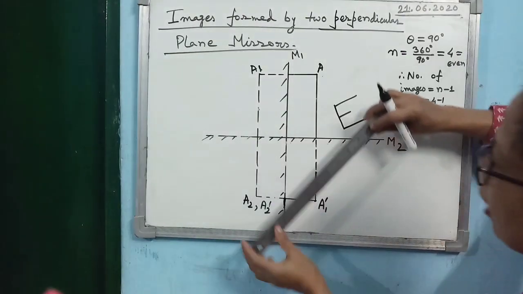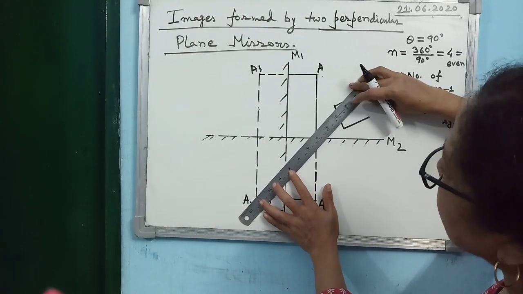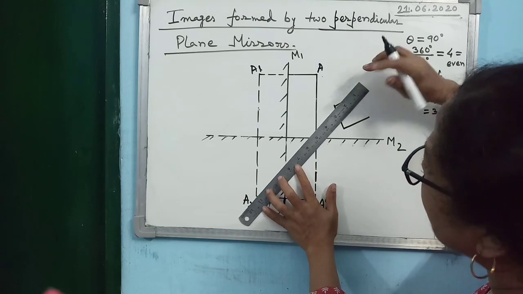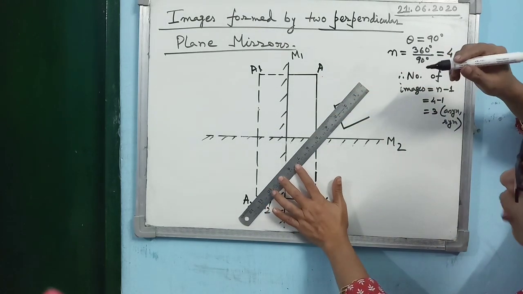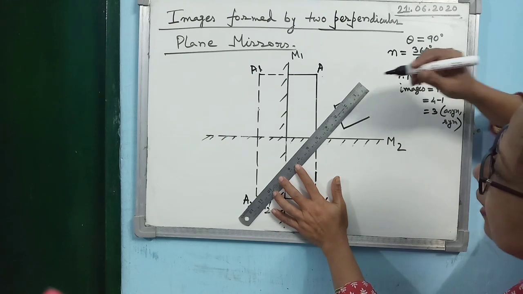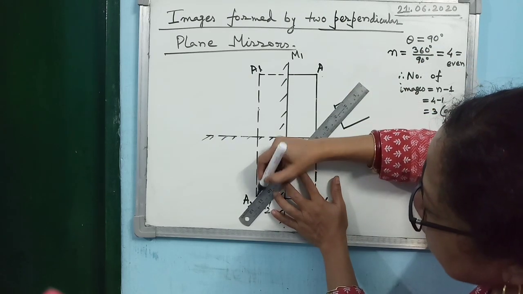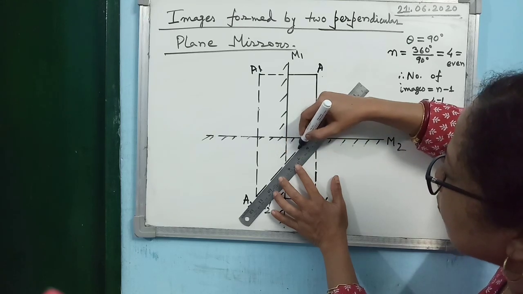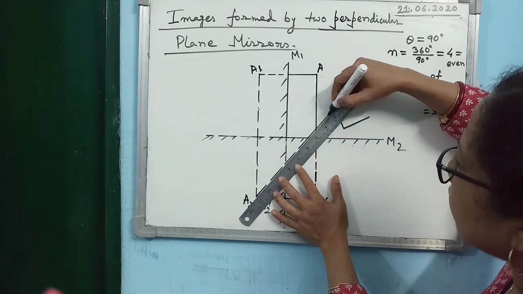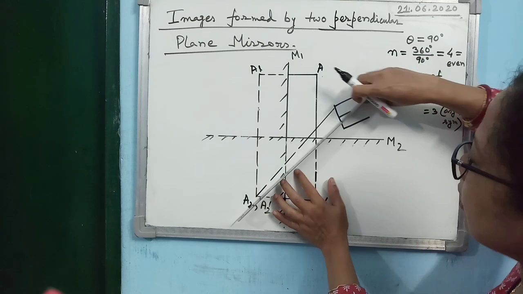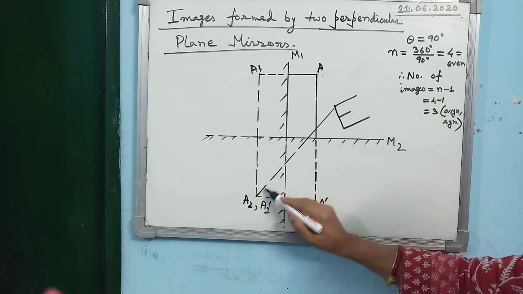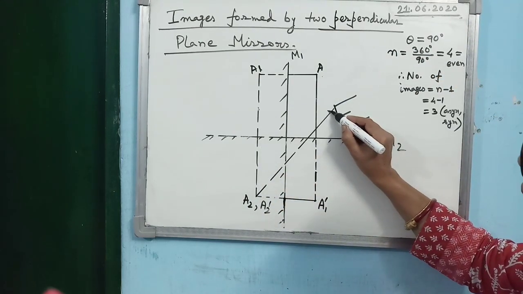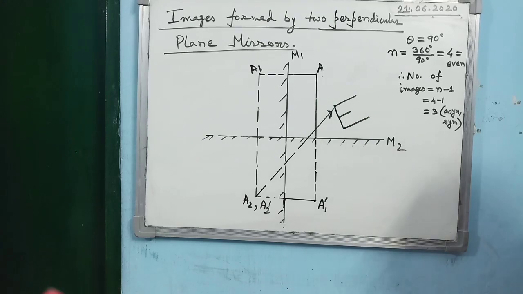Then you join A2 with the upper point of the observer's eye. You see how I am holding the scale, and then you join A2 in such a manner that behind the mirror the line will be dotted, in front it will be solid. You see. And then put the arrow towards the observer's eye.